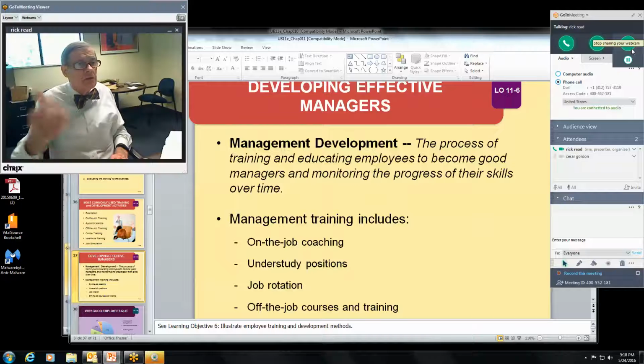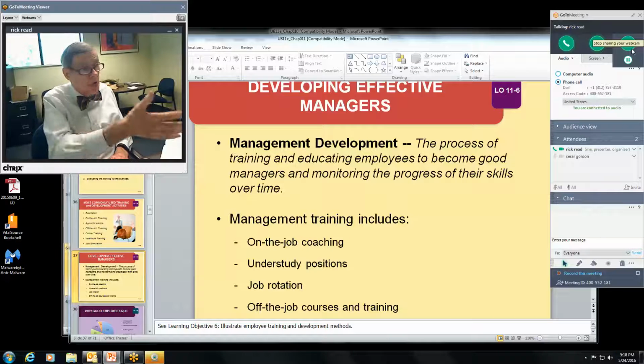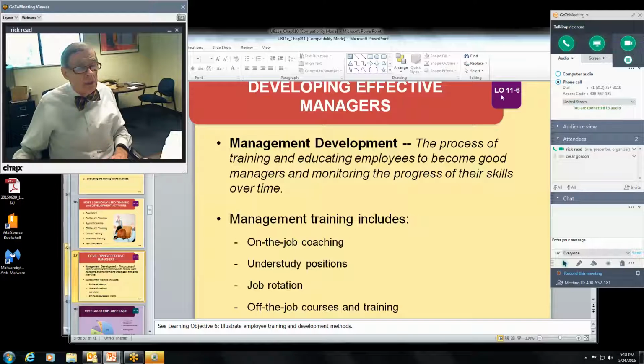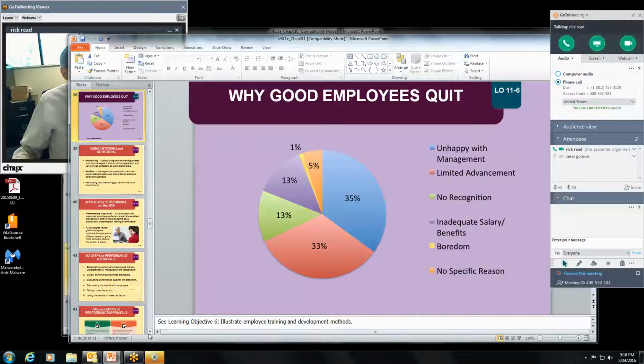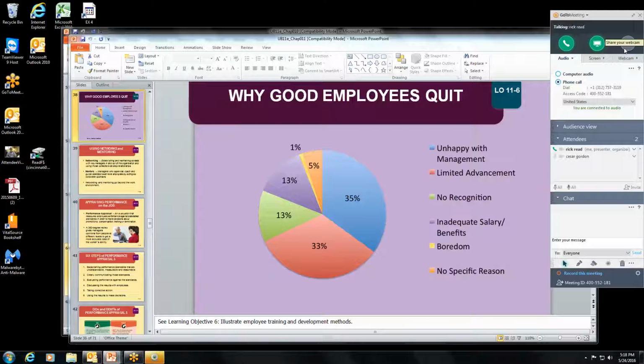These are some development-type things that you want to do: job coaching, understudy positions, job rotation we talked about before, and things of that nature. And of course, sending people to formal training, either through college or some other type of organization that runs training.